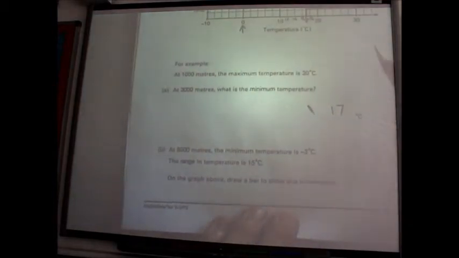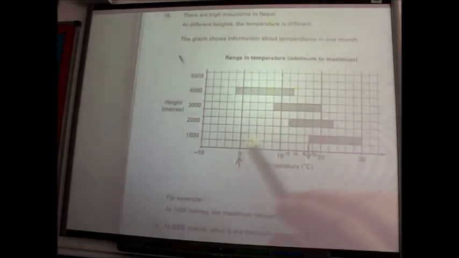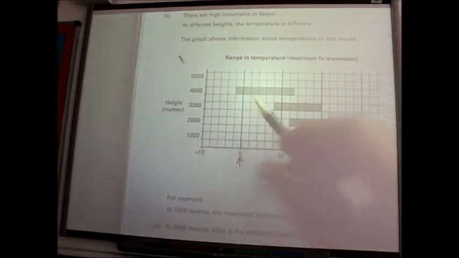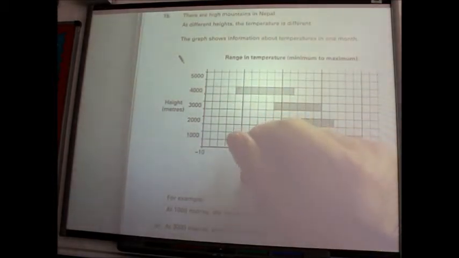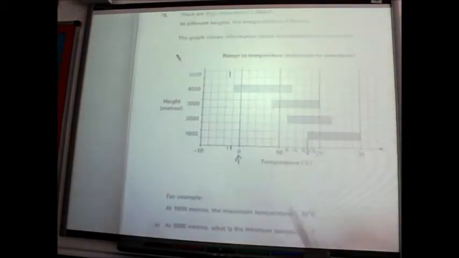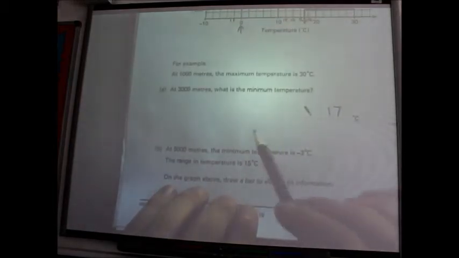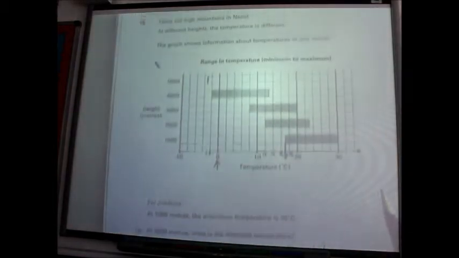At 5,000 meters, the minimum temperature is -3. So 5,000 meters, I'm just going to draw on -3. So here's 5,000. Naught, that'll go down in twos. So that'll be -2. So -3 is there. So let's draw that on. And the range of temperatures is 15 degrees C. So that means from the coldest to the hottest, it's 15.